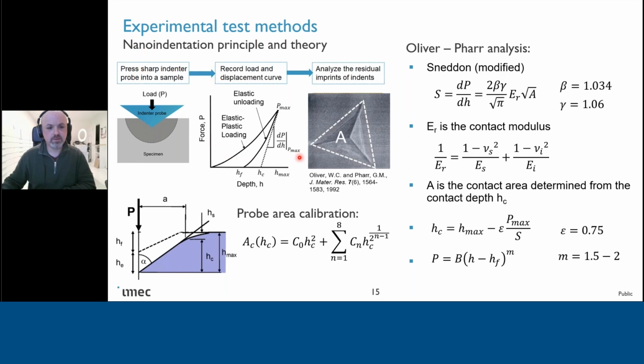Then you record force displacement, and you do an analysis of the force displacement curve, and you also look at the imprints of the indents afterwards. You of course need to do some calibration of the probe, meaning you need to know the contact depth versus contact area of your material, and there are some equations which you can find, for instance, in the Oliver-Pharr analysis, which you can use.